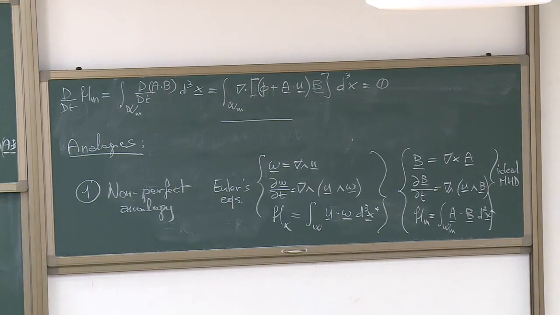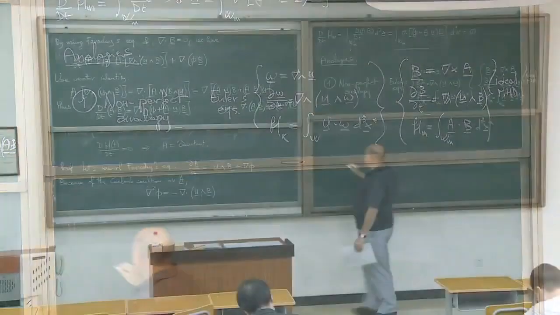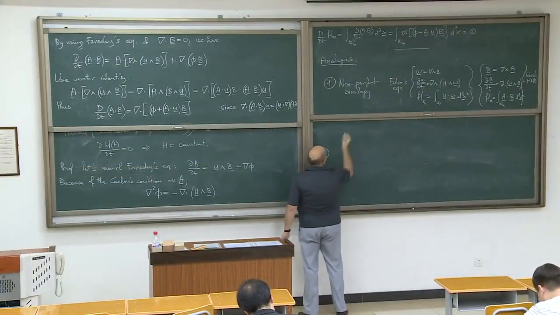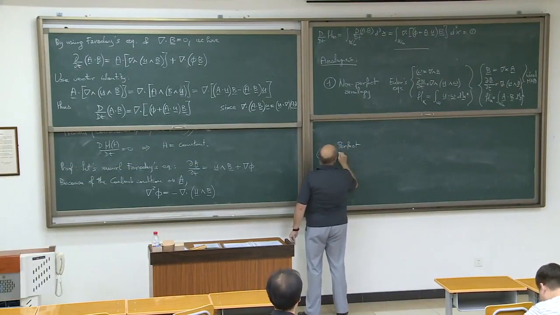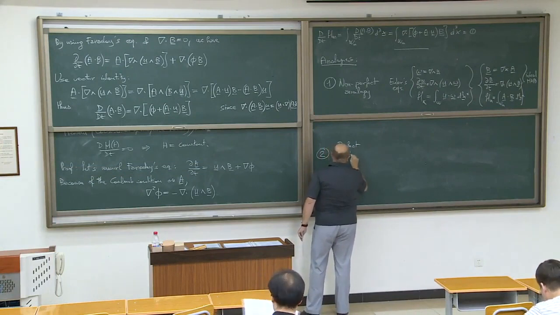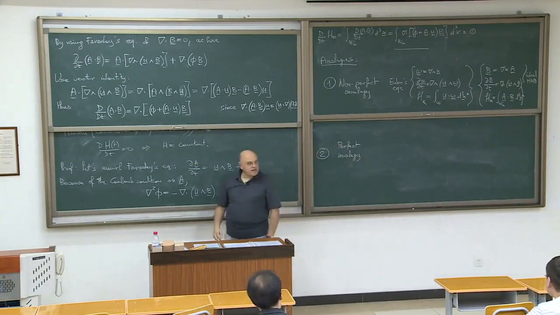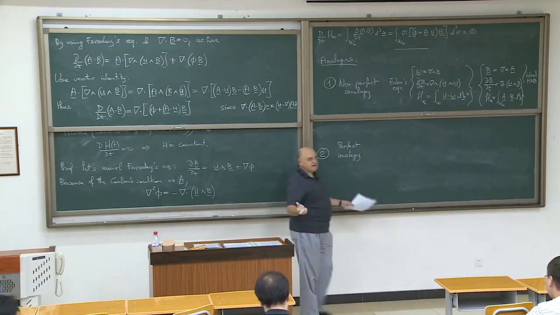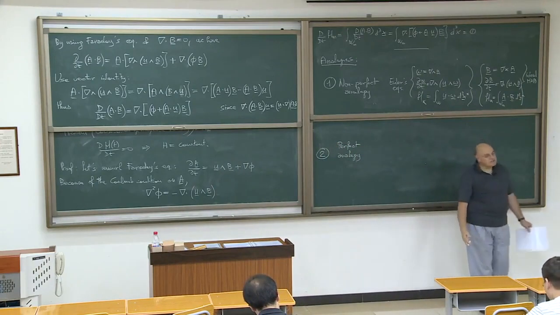All right, but there is another analogy, a so-called stricter analogy. So let's call it the perfect analogy. Perfect things are nice, and we like them, but sometimes we pay a price.